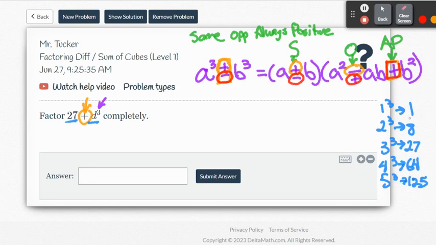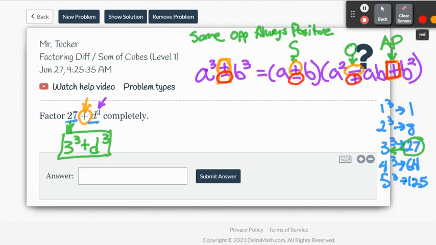When we recognize one of these numbers, like in this case the 27, then we know that something cubed produced that number. This 27 is actually 3 cubed. And this d is being cubed, so it's d cubed. So we can say that this is a sum of cubes.